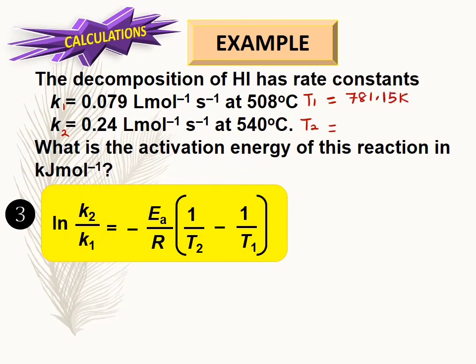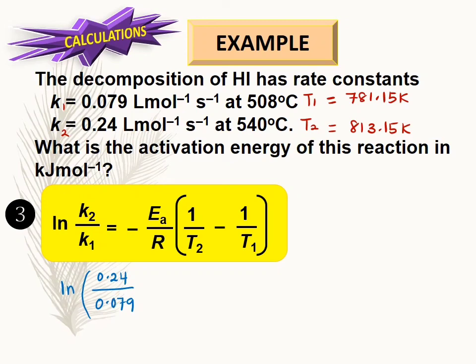So untuk T1 you akan dapat 781.15 Kelvin, while T2 813.15 Kelvin. So this is the temperature. Okay, so after that we substitute all the value in this formula. So masukkan je lah nilai dalam formula ni. So kita ada ln, ingat bracket kan senang. So K2 kita ada 0.24 divide by 0.079.